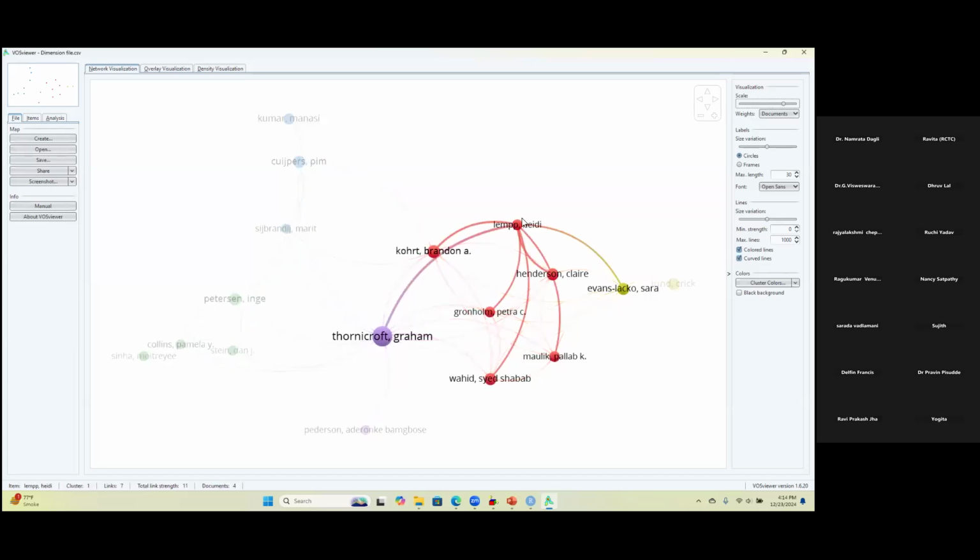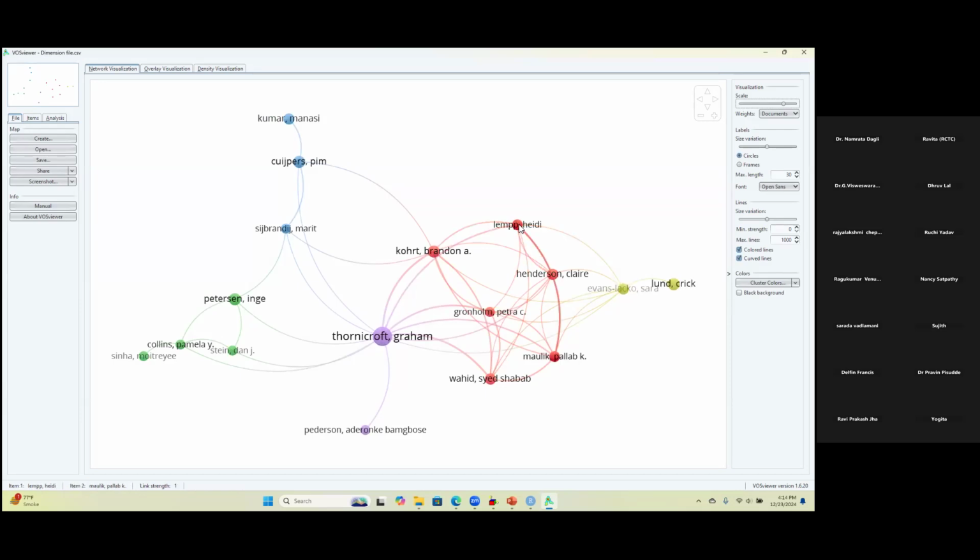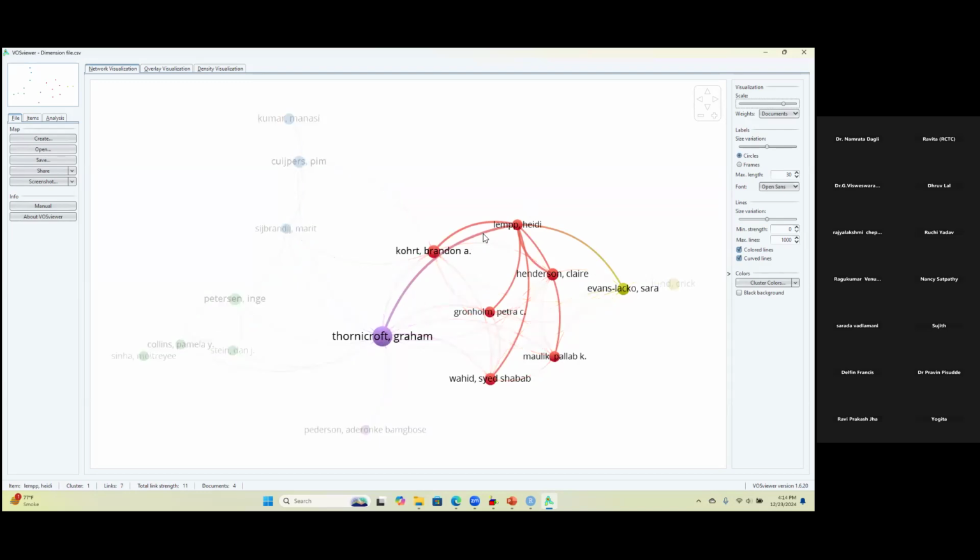These node sizes are related to the number of documents. And these are the connecting links or associations. If this line is thicker, then it shows that there is a strong connection between them, more frequency of collaboration.